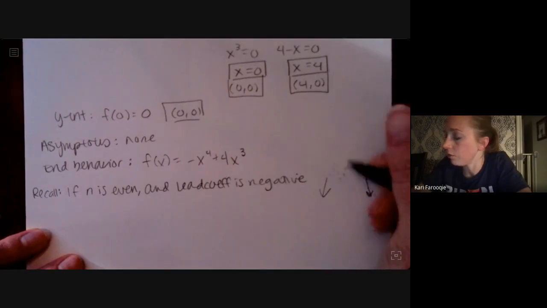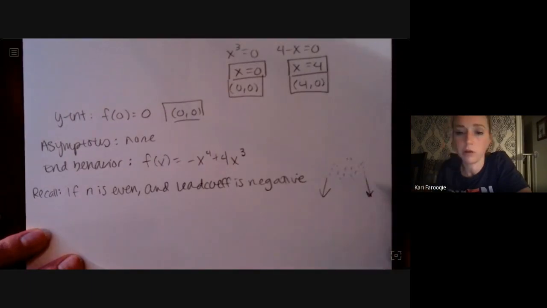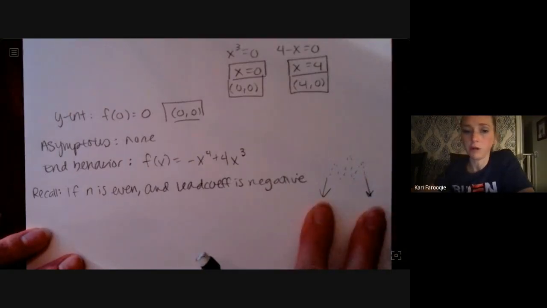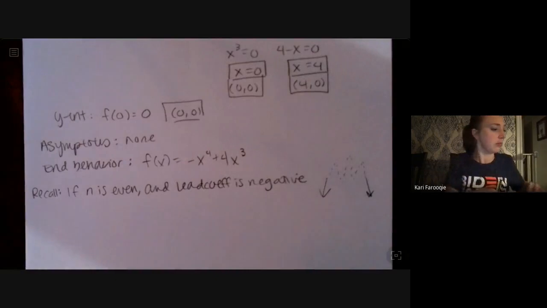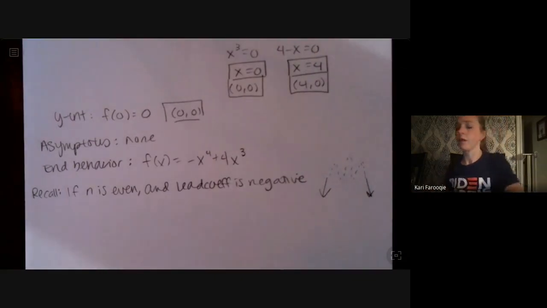then you have a situation where both ends of your graph head down. Whatever happens in between, we don't know. We're going to find out, but this is your end behavior. If n is even and the lead coefficient's positive, then you'll have both ends going up. In my next example, I believe I have a cubic function, so we'll talk about what happens when n is odd in the next example. All right, so this is our end behavior.